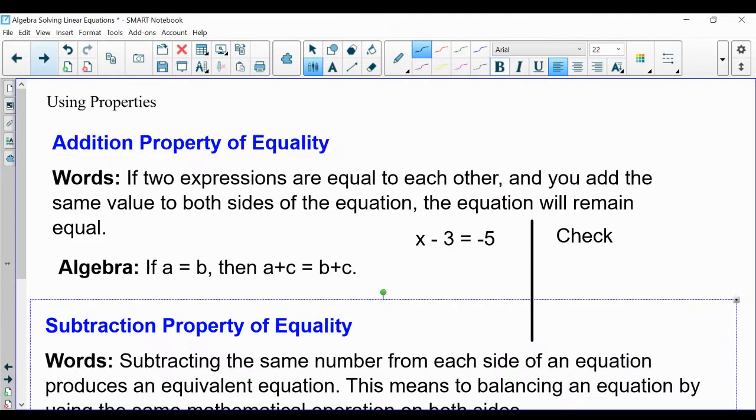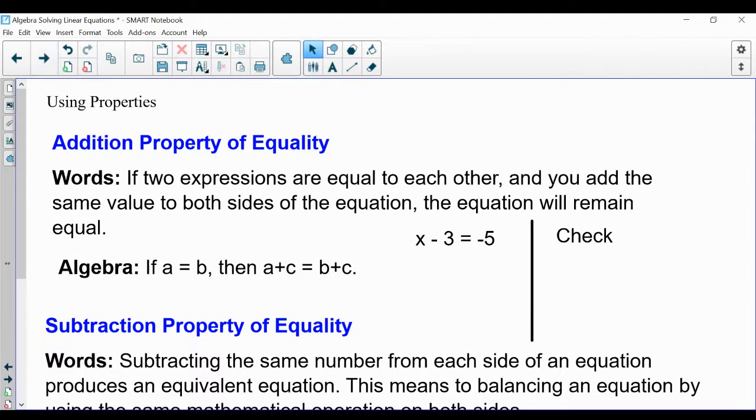Okay, so let's take a look at this. We've already looked at properties in the warm-up today. I gave you that paper so you could look up those properties you've been taught before. I'm going to teach you a property called the addition property of equality, and in example 1, we're also going to look at the subtraction property of equality.